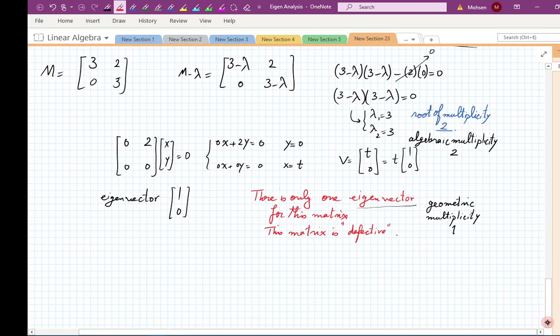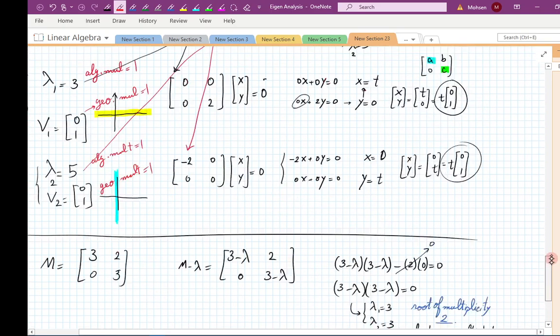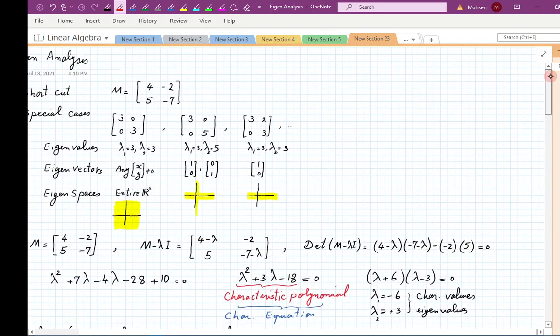But here's the gist of it as to what happens if you have a big matrix, lots of eigenvalues. They can have various multiplicities, and then there's going to be geometric multiplicity, which is somewhere between 1 and your algebraic multiplicity, and so on and so forth. Okay, let's not go down that rabbit hole.